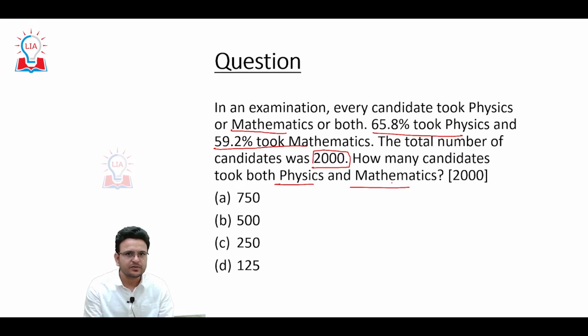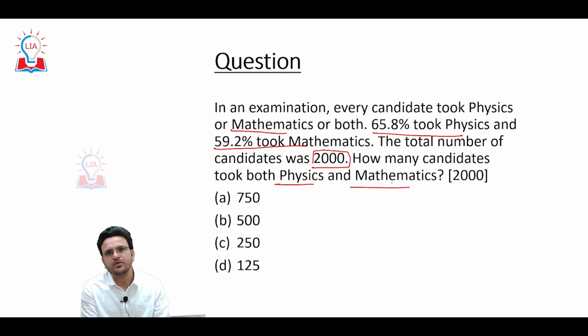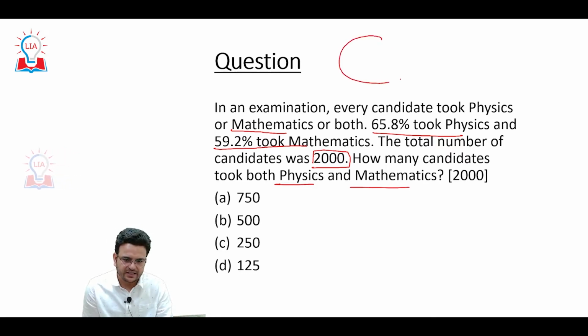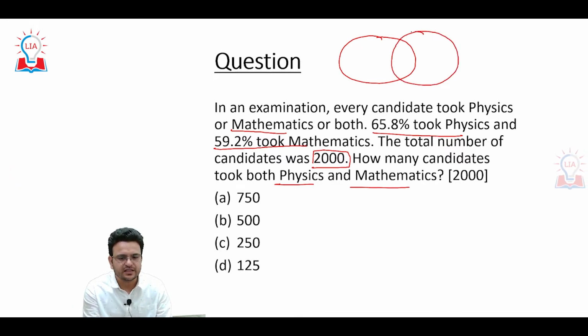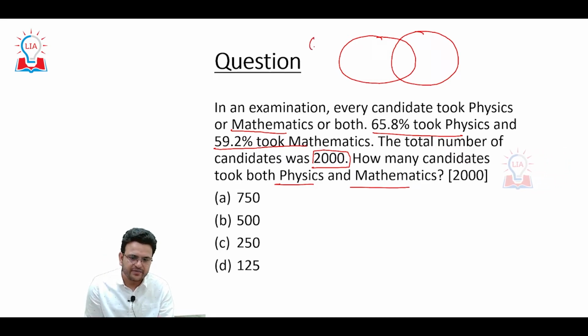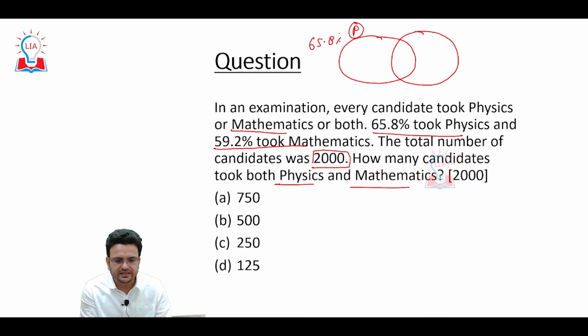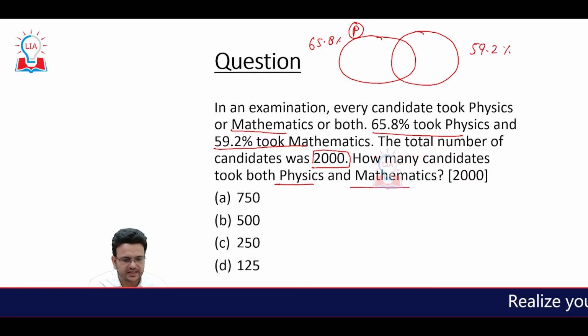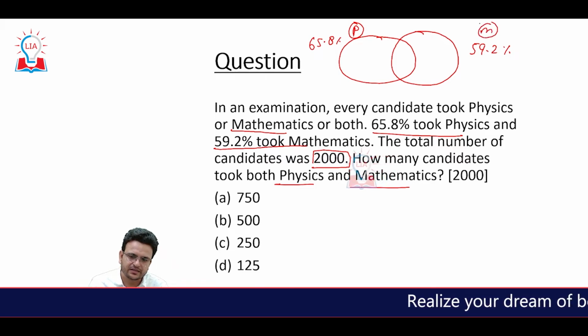So in the last video I discussed that a set theory question can be solved through a Venn diagram. Here we can see some of the candidates who opted for mathematics, some who opted for physics, and some of them opted for both maths and physics.